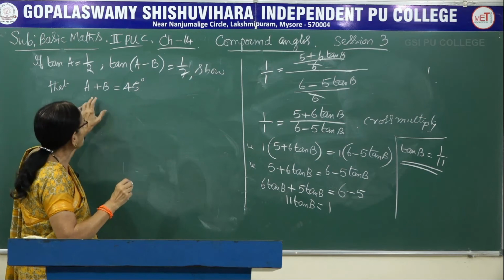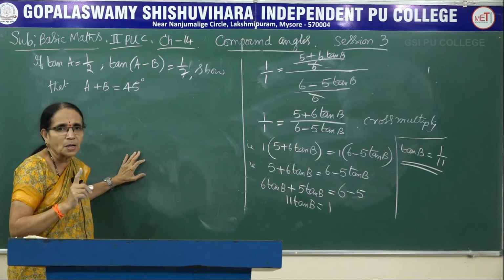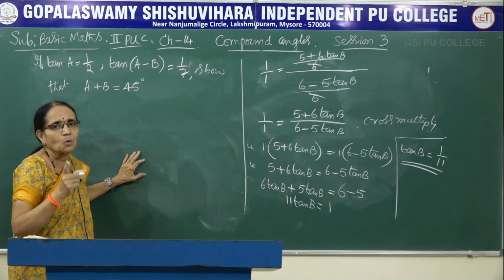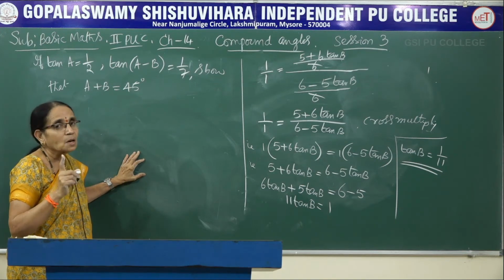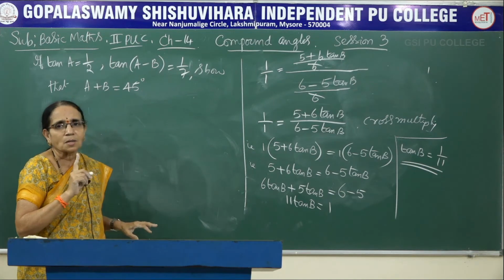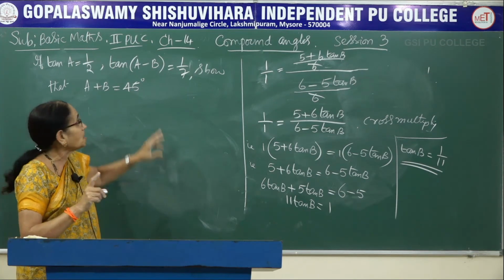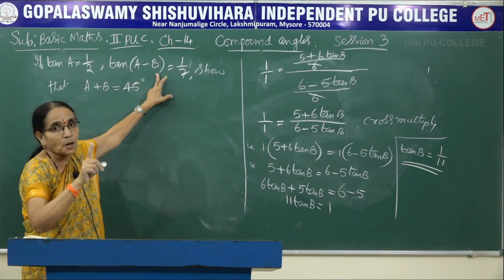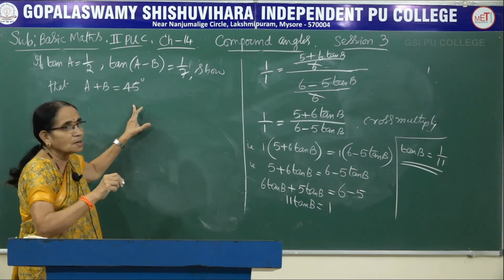First here, to get tan of A plus B, what's the expansion? Tan A plus tan B over 1 minus tan A into tan B. We need the value of tan B. In this problem directly they have not asked you to find tan B. Unless you calculate tan B from the first part of the data, you cannot get the result here.